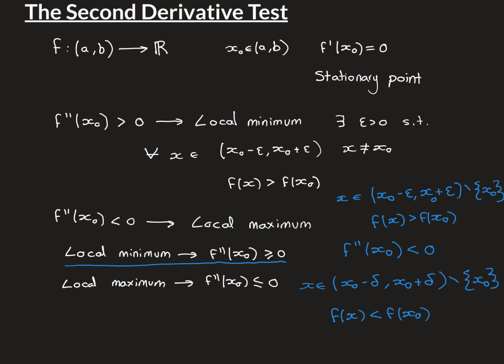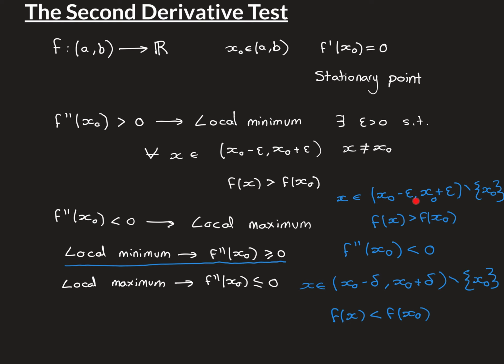You see, if x0 was a local minimum, then there would have to exist an interval around x0, we'll call this an epsilon interval, such that if you take any x inside this epsilon interval from x0 minus epsilon to x0 plus epsilon, except x0 itself, then if you look at what f of x is, it has to be strictly greater than f of x0.